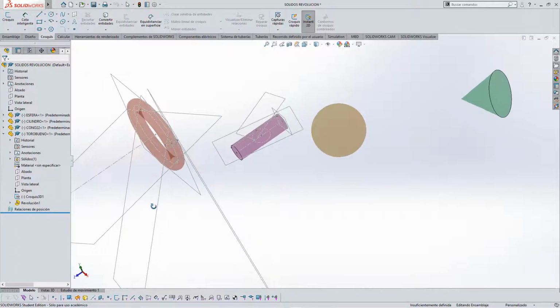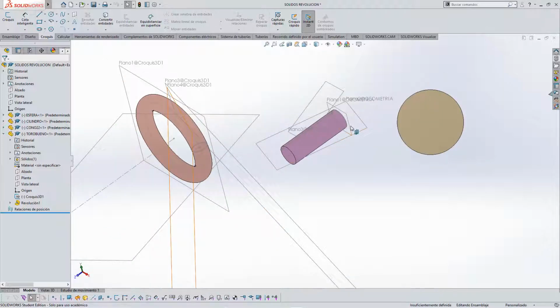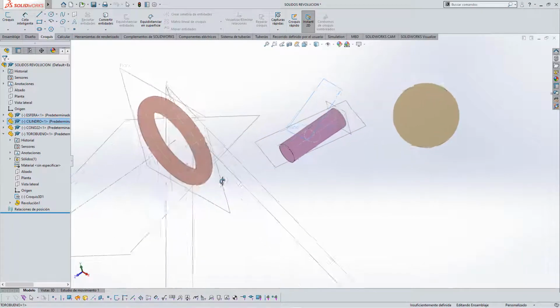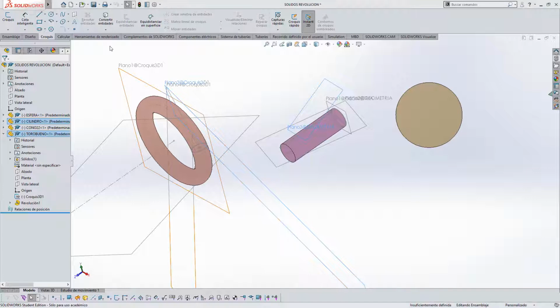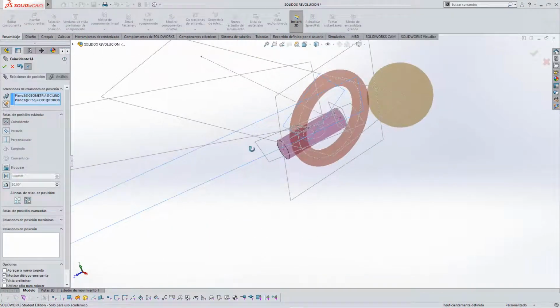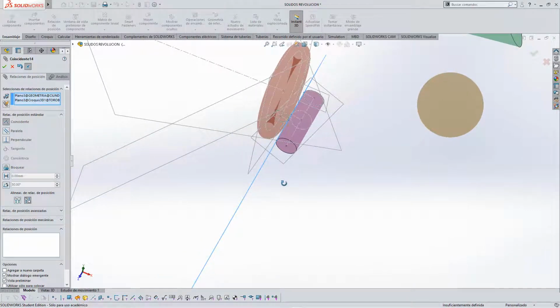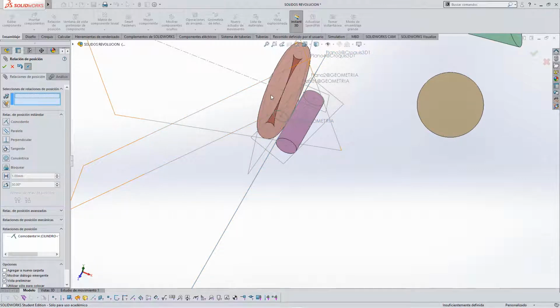So now we are going to look for the tangent plane of the torus. We remember we made two tangent planes when we built this solid. I'm going to select the tangent plane from the outer part of the torus because it's going to be easier to place the tangency with the tangent plane of the cylinder. So I'm going to select the tangent planes of the corresponding solids and make them coincident.